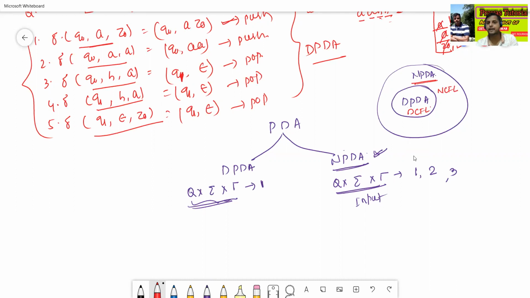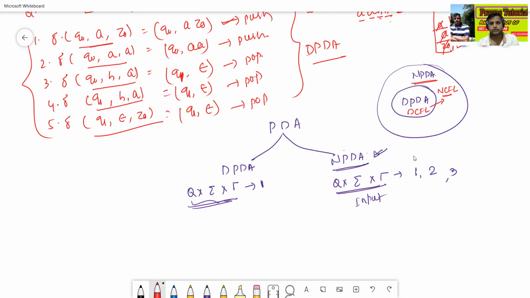Similarly, every DCFL is an NCFL, but every NCFL need not be DCFL. This is the important relation between deterministic and non-deterministic push-down automata, as well as deterministic and non-deterministic context-free languages.